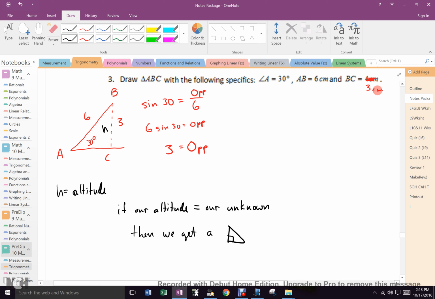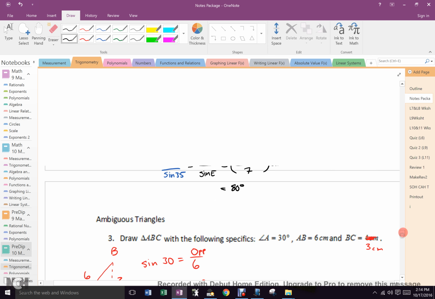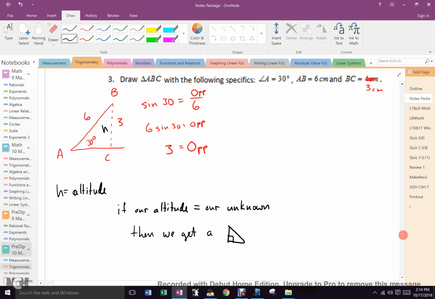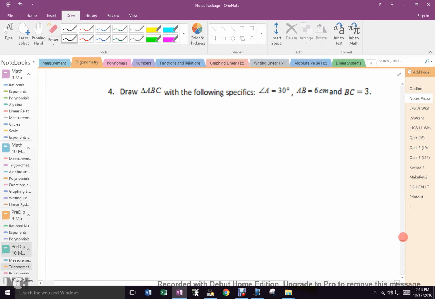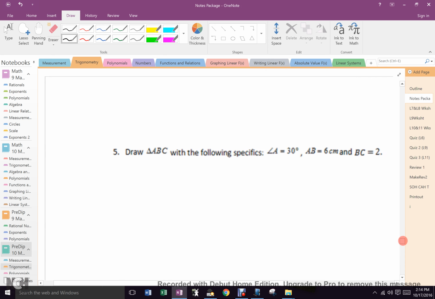What is your guys' next set? Like your angle and distance measurements. Pardon me? 3, 6 and 2? Make sure I'm doing this right. Okay, 3, 6 and 2. So that is, no, there's the 3.